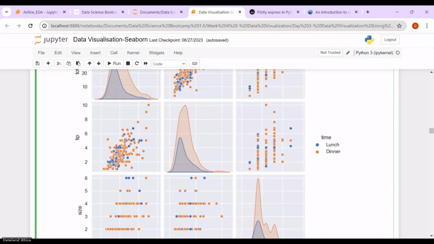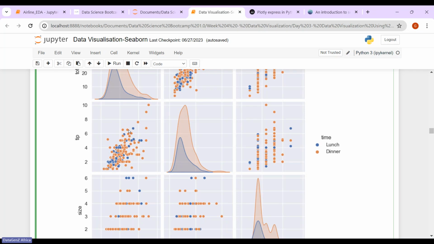The people that ate during dinner had a higher bill and gave more tips. The person that gave this $10 ate at dinner, and the person that gave around $9 ate at dinner as well. The people eating lunch maybe didn't spend so much. You see them scattered around this axis.